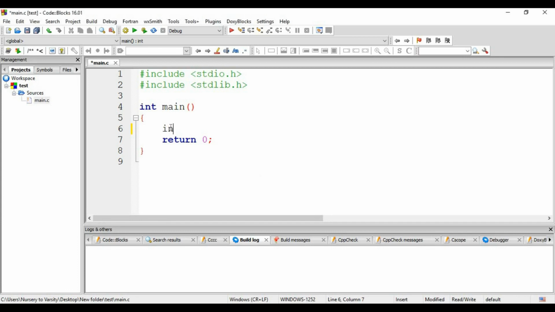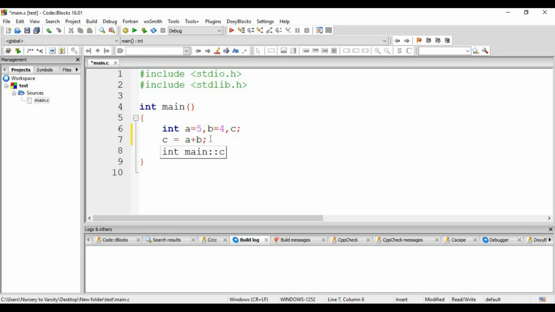Let's write int a = 5, b = 4, c, and c = a + b. Here a, b and c are the variables of integer type, and plus is the arithmetic operator. In this, c = a + b is the arithmetic instruction in which the operands on the right hand side are operated upon by the plus arithmetic operator, and the result is assigned to the left hand side variable.